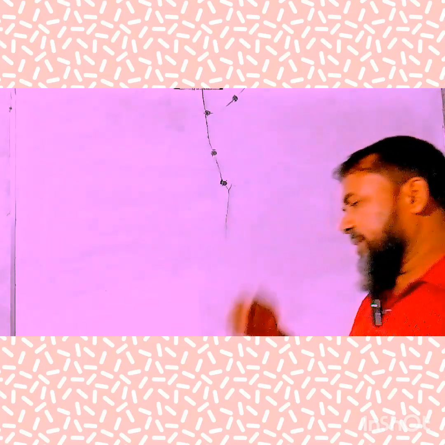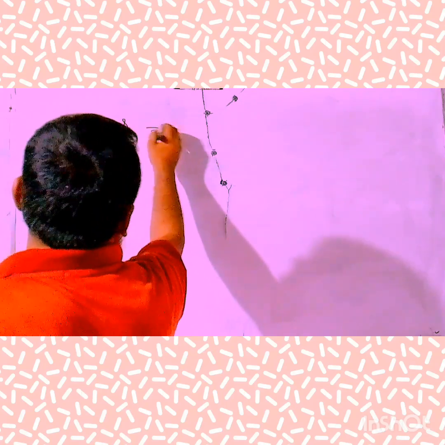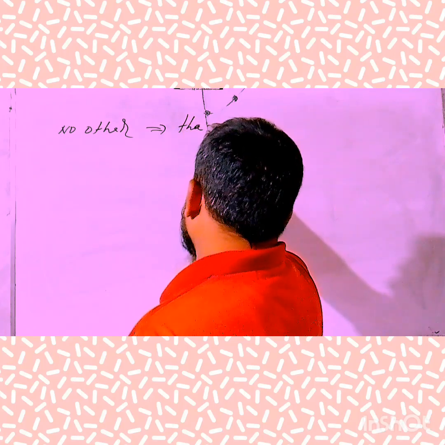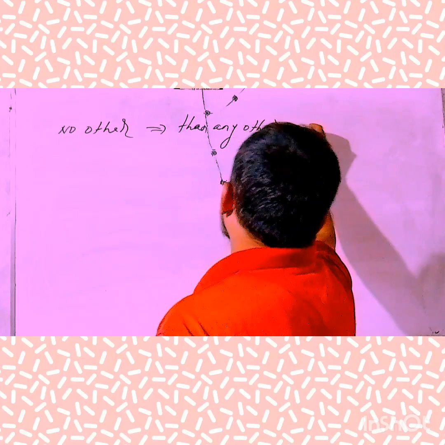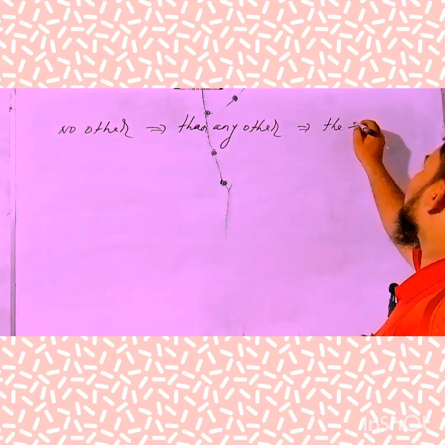If you analyze various kinds of themes of positive degree, comparative degree, and superlative degree, we can see the relationship in this way: no other equal to than any other. Than any other equal to the plus HD.